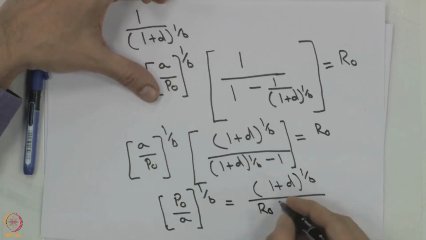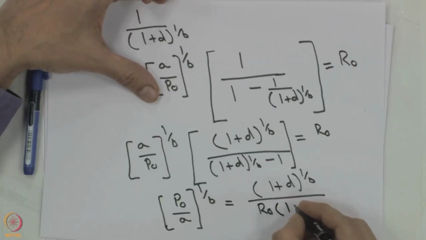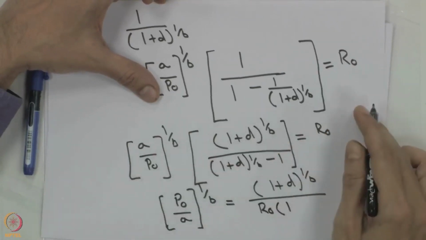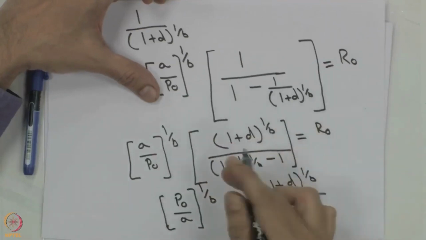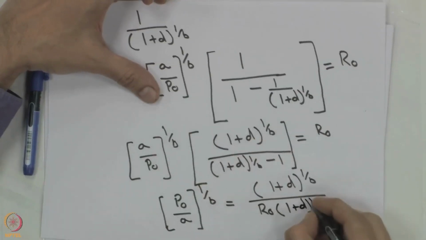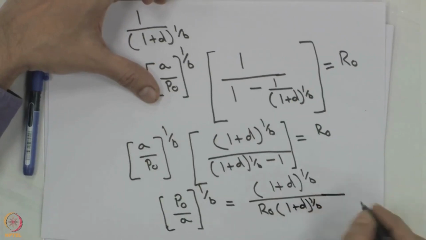into this is going to come in, A0 will come in here and this will come there. So, you get R0 1 plus D raised to 1 by B minus R0.